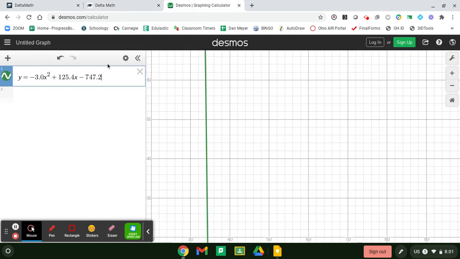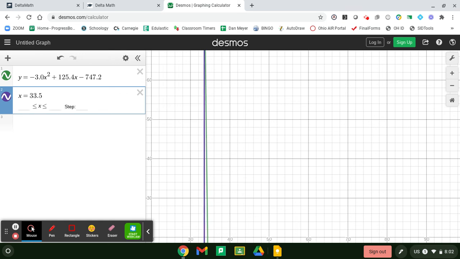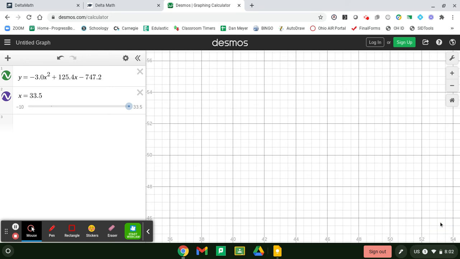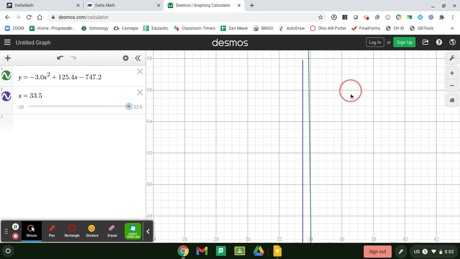So what you can do in Desmos, that means when is your input, or X, 33.50. So that's going to create a vertical line. And then we just need to go and see where they cross each other.